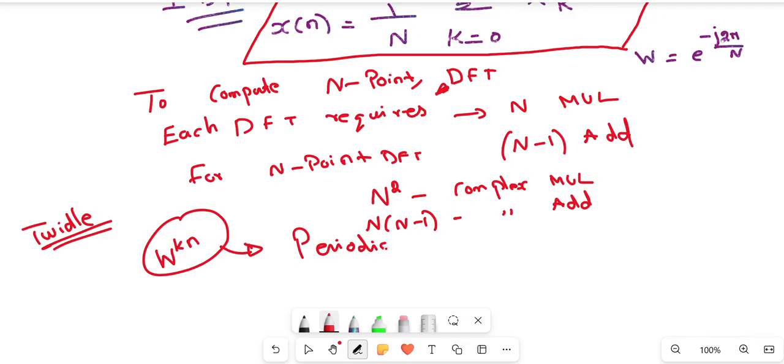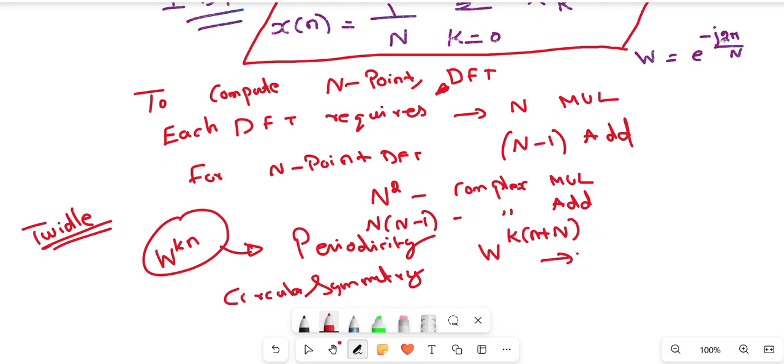We will see what the periodicity property and symmetry property are. The twiddle factor has a circular symmetry property, which means W power k of n plus N repeats periodically, with the period N.